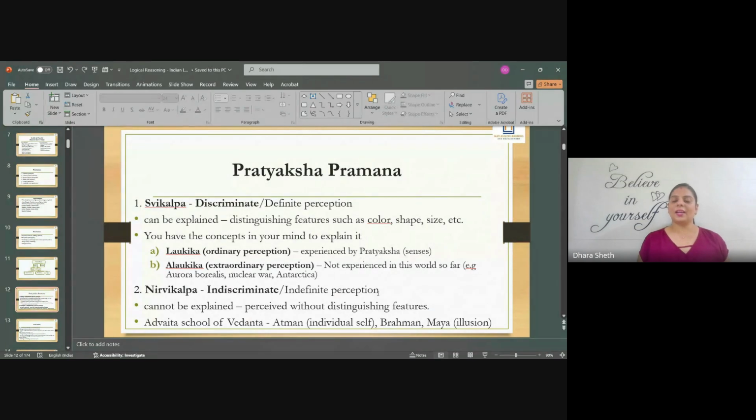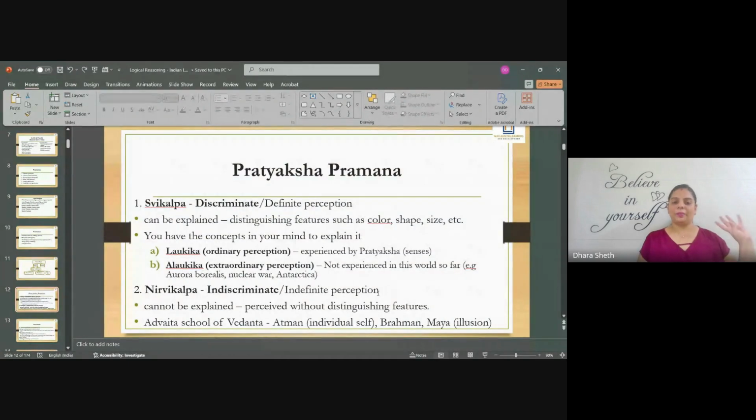Now you cannot describe this to someone else. You can probably perceive that yes, everything around me is Maya, but this is not something that you can describe, that Maya looks like this, Maya was doing this. This is not Maya the person. We are talking about illusion. And it is not a magician's illusion that you can describe, that this is how the trick was played. How do you describe it? There's no way to describe it. That is why it is called indefinite perception or nirvikalpa.